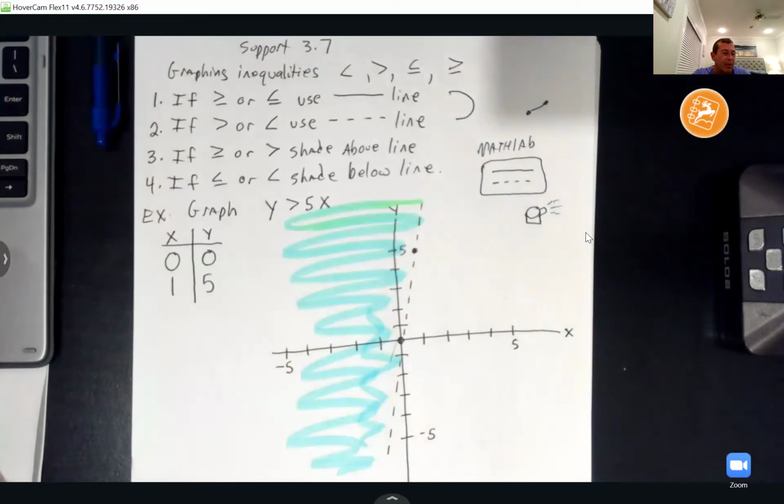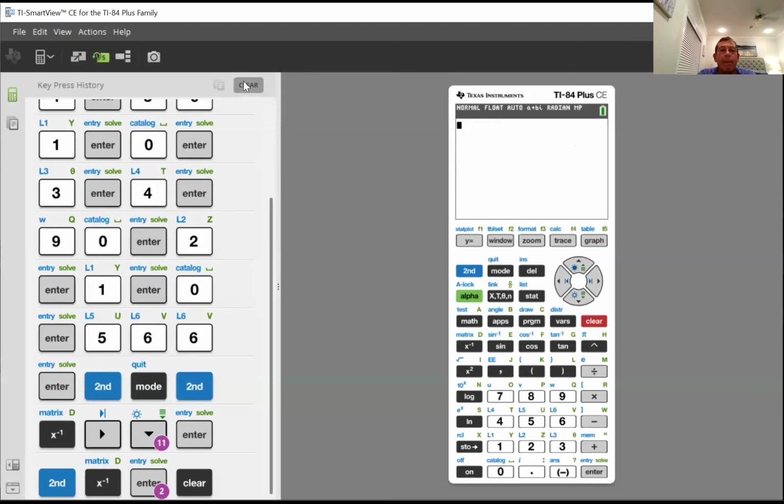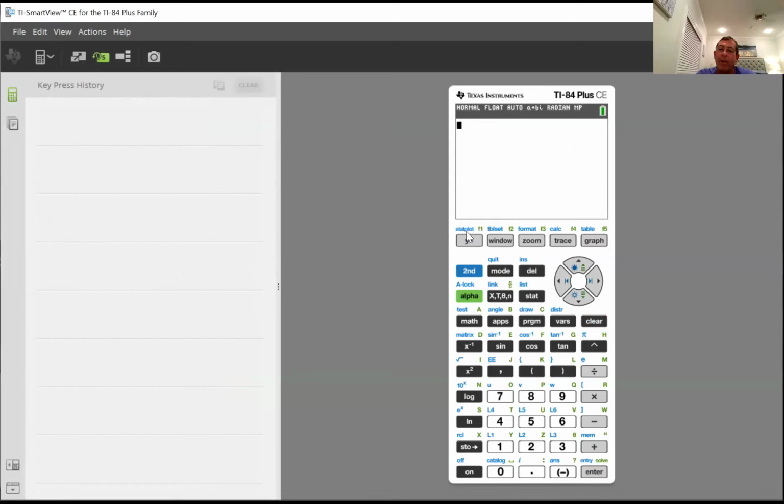So y'all, let me show you how to do this one on the calculator. Anything that's solved for y like this, we can actually do on that calculator. I'm going to clear everything off. So remember, the graph, we go to y equals, and my equation is 5x.